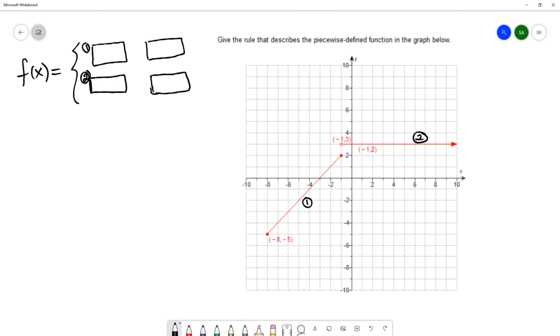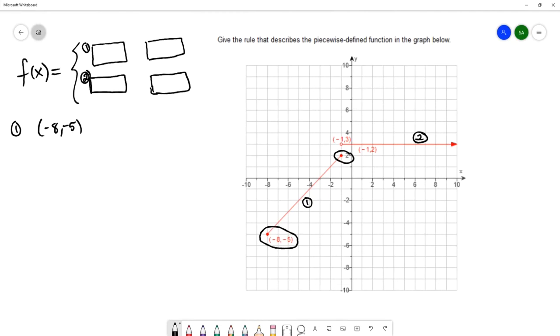So let's work on equation 1 for now. As I look at this graph, it is a straight line, and I know how to find the equation of the line as long as I have 2 points on the line. So I'm looking here and I have 1 point marked as -8, -5, and then I don't have another ordered pair. Maybe I do.